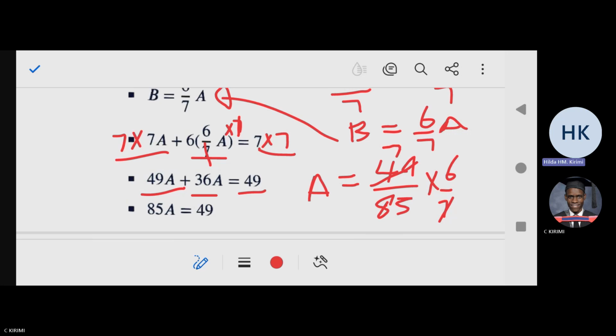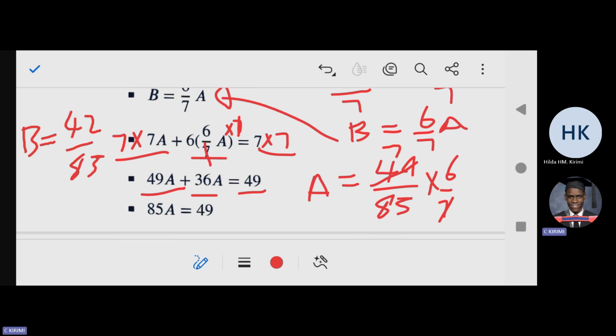So we get 42 over 85. So this is your b, which will be 42 over 85.